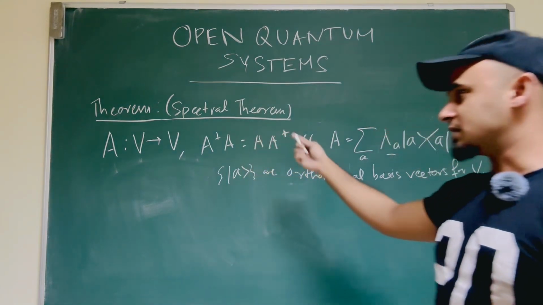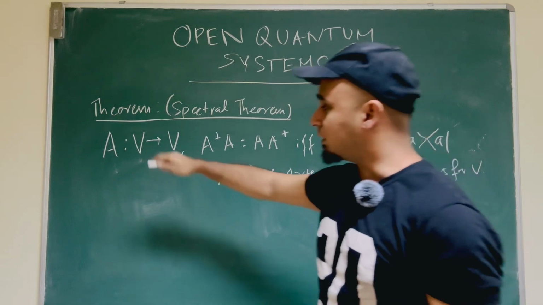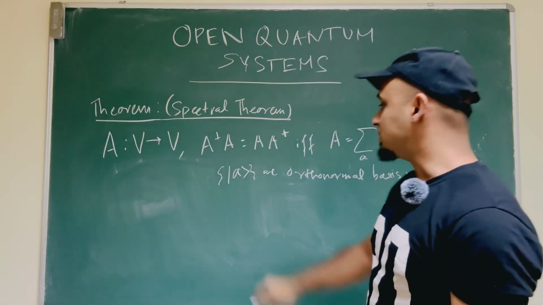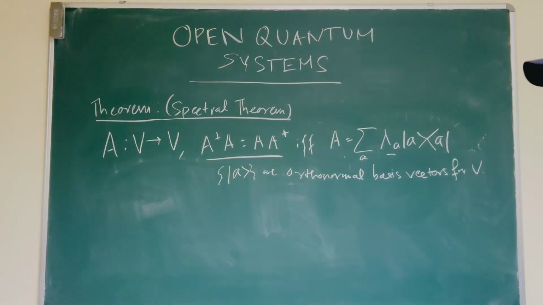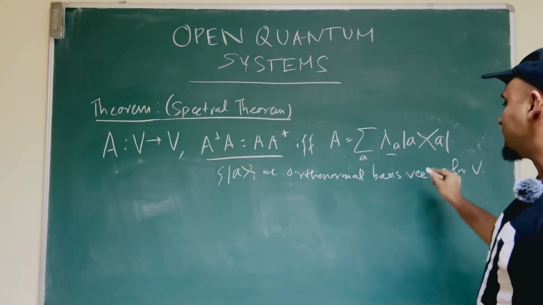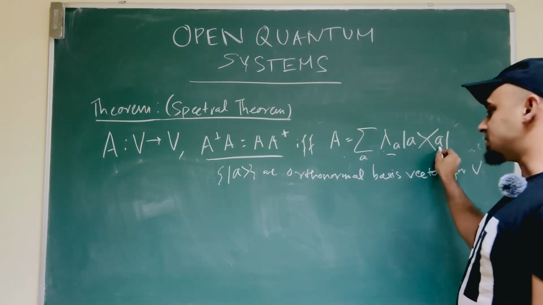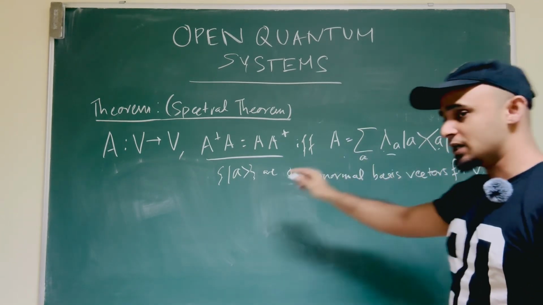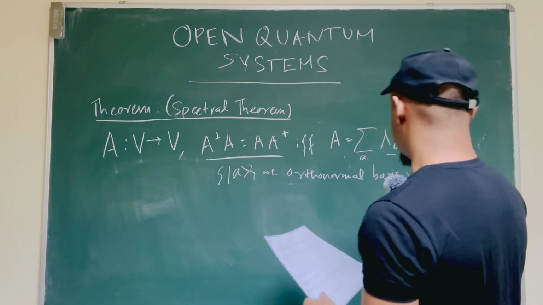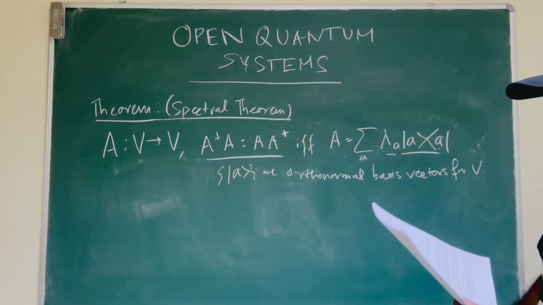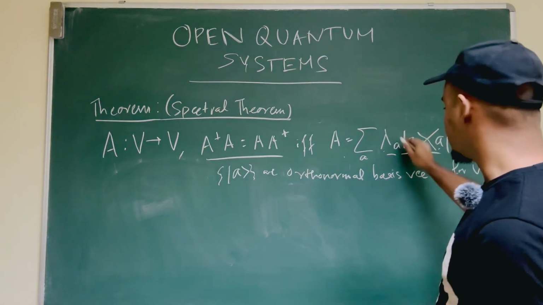The spectral theorem says that if I have an operator A acting on the vector space V and mapping to the vector space V again, this relation is satisfied if and only if A can be represented as this summation, where lambda a and these |a⟩ are the orthonormal basis vectors for V, and these |a⟩ are also the eigenvectors of A with respect to the eigenvalues lambda a.